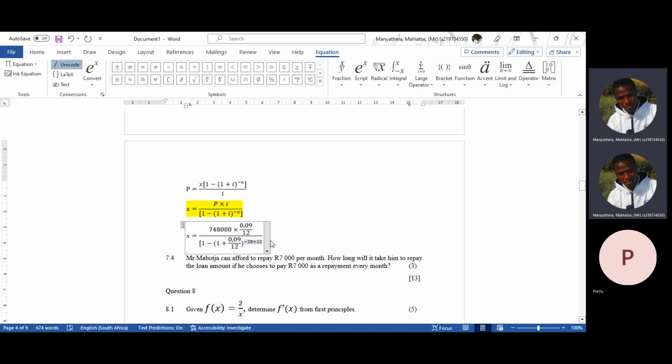So we divide by 12 and then we multiply n by 12. And then let's close the bracket.